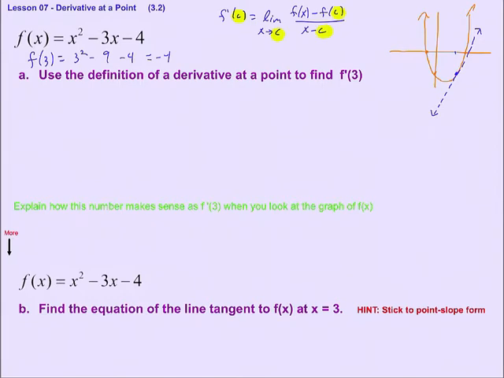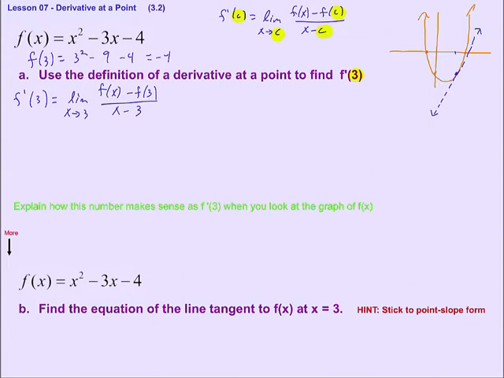Well, if we're talking about f prime of 3, that means that all 4 of those are going to be 3's, because we're talking specifically about the instantaneous rate of change when x is 3. So that would be the limit of f of x minus f of 3 over x minus 3 as x approaches 3. So all 4 of those c's became 3's, or we're talking about when that constant is 3.